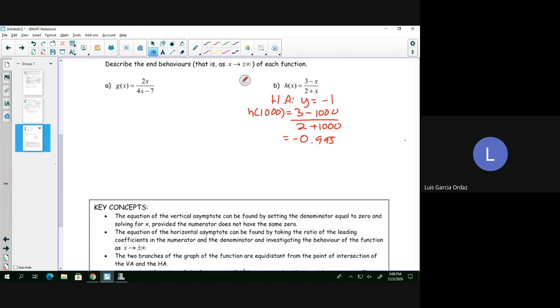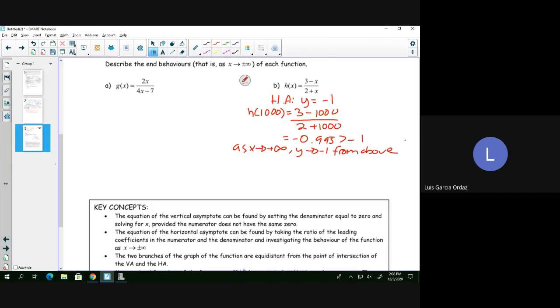So it is greater than negative 1, which means as x approaches positive infinity, y approaches negative 1 from above. Remember, the more negative you get, the less it becomes. The least negative you get, the more positive you go, because negative 0.995 is to the right of negative 1, it is bigger than negative 1.